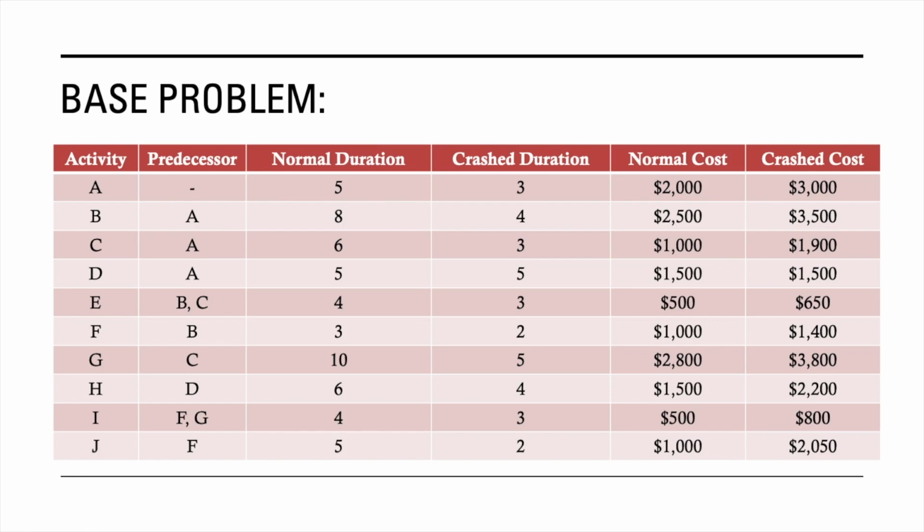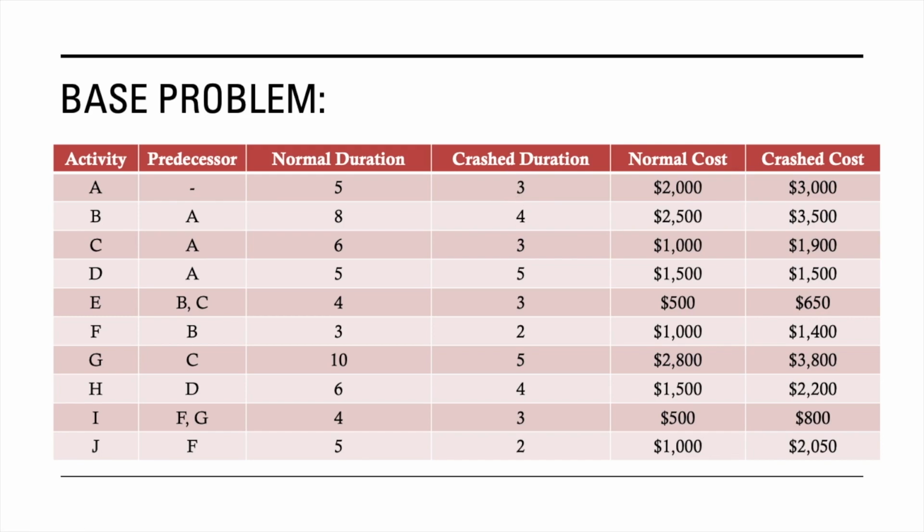And what is this crashed duration? Crashed duration is the amount of time that you can reduce your activity duration to. So for example, for activity A, normally it will last 5 days. However, if you spend some money, you can bring down the activity duration to 3 days.